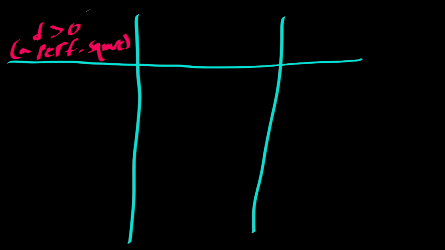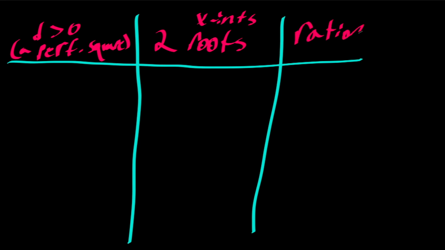If the discriminant's 36, it tells us that we have two roots, or two x-intercepts. We have two values for our x's. If the discriminant is bigger than 0 and it's a perfect square, it means we have two roots, and they are both rational.